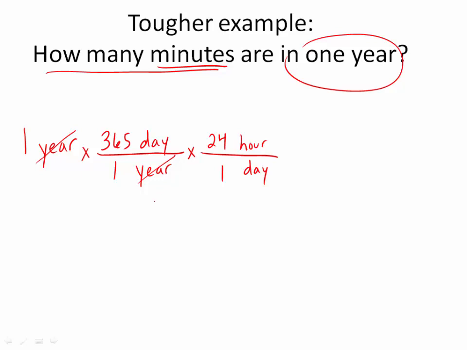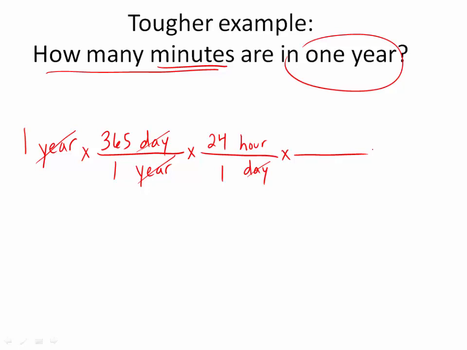It's equal to 1. You don't need to worry about it anymore. So rather than waiting till the very end, I would cancel them out as you go. So now we have hours, and we're closer to our final answer. So go ahead and finish this up on your own, and get out your calculator and see if you can figure out how many minutes are equivalent to 1 year.